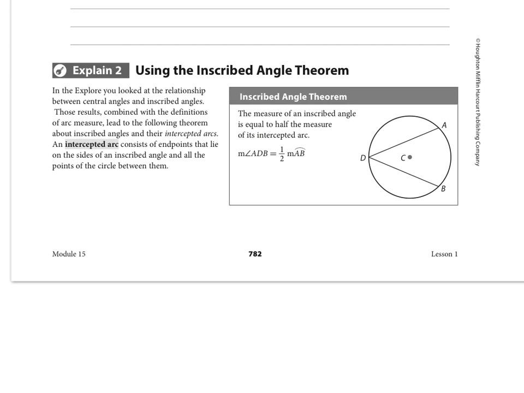So remember, there's that terminology again. Whatever these chords that make up the angle cut off from the vertex out here, whatever that arc is on the outside, the angle is half of that measure.